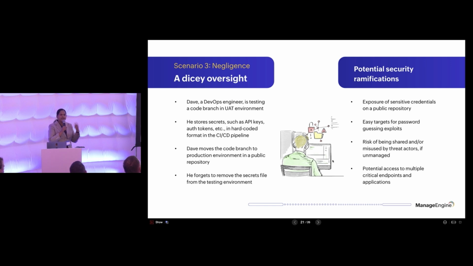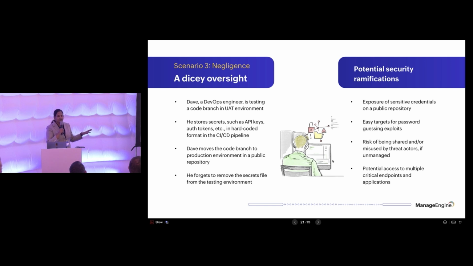There were repeated login attempts to their Azure environment, which they had no cognizance of. And then when they ran a survey, it was revealed that the infrastructure keys and the API keys were left in the production server without the developer cleaning them up.